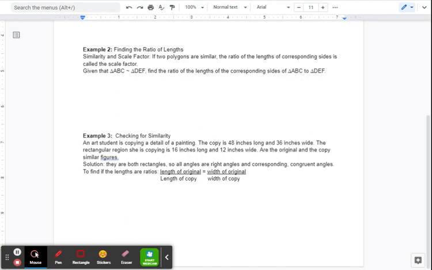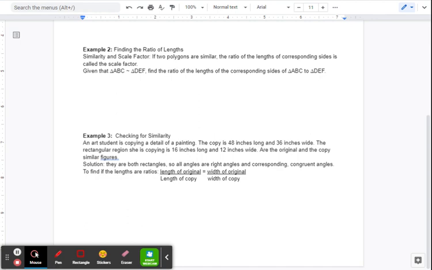So what is my fraction for the width? Peyton? The width of the original over the width of the copy. So my original is 12 over my copy.